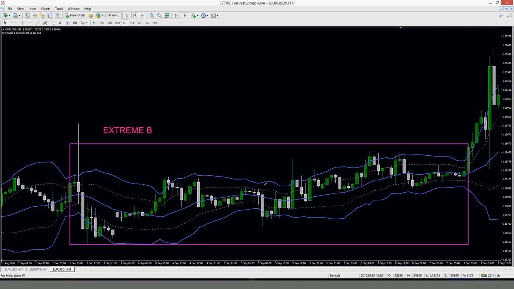But how come sometimes it doesn't go straight to mid BB directly? So this is what we need to understand. When the Bollinger Band is sideways, division 1 is active.